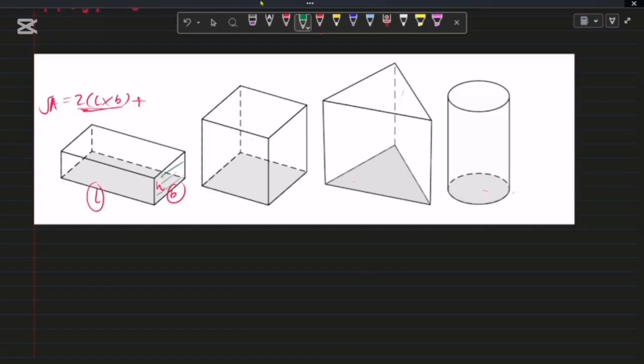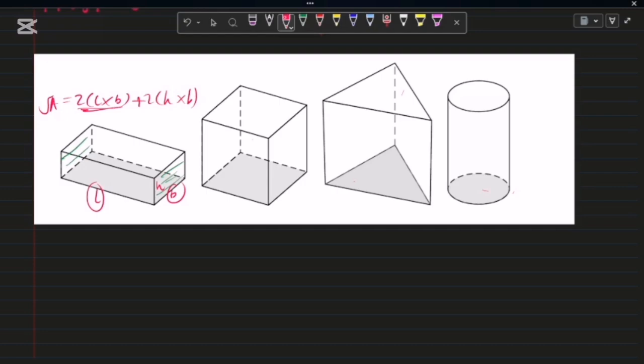Now we can see that the area of this face is basically the height times the breadth. Okay. And another very important thing to consider is that this face is exactly the same as that one. Okay. And because of that, we will just say 2 times the height times the breadth.